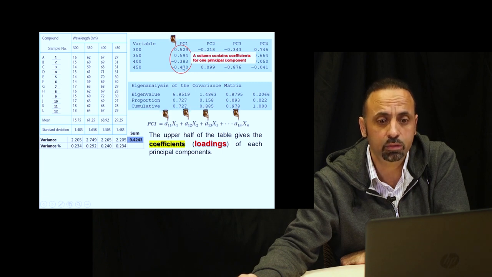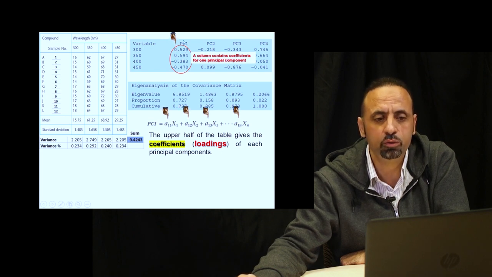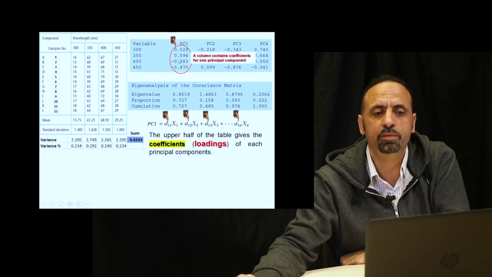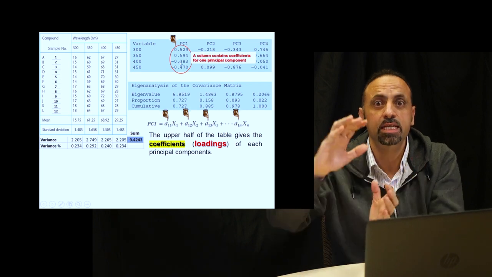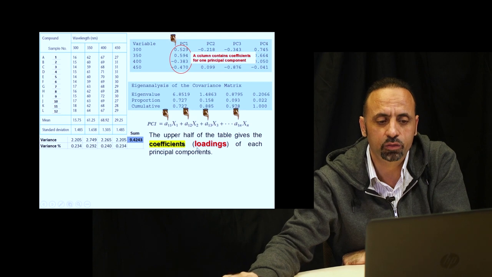Okay, so if we look again at this calculation, here the coefficients mean the column. This column contains the coefficients of the principal component, and these components can be used to convert the normal axes, the data that we have x1, x2, and x3, to principal components. It makes a conversion, a rotation, to make a projection of your data.